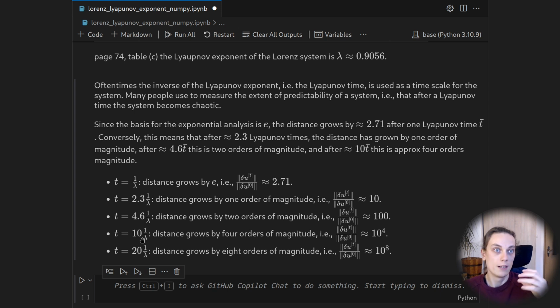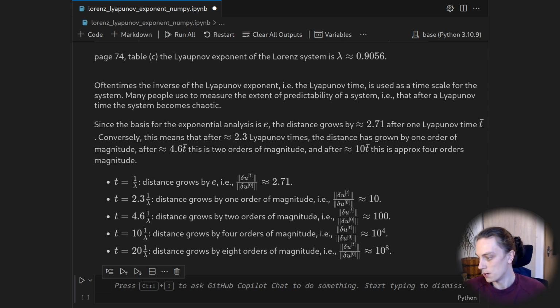But of course, the important insight is that if the initial error is very small, then even after 1 Lyapunov time, the trajectories can still be reasonably close to one another. They will still continue to diverge exponentially, but it's nice to have this context that it does not mean that everything is lost yet after 1 Lyapunov time.